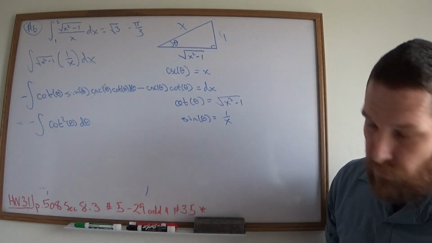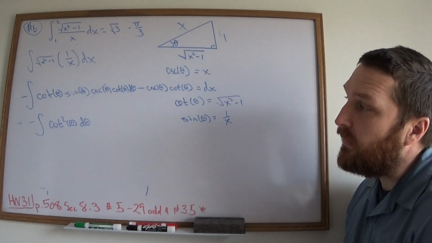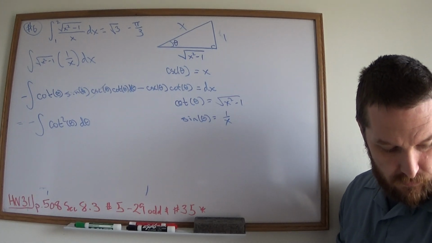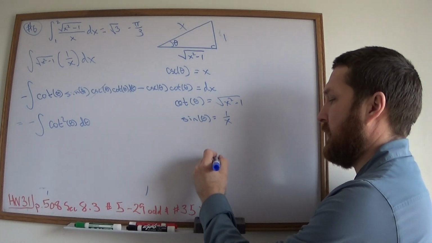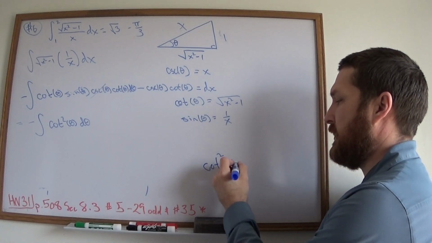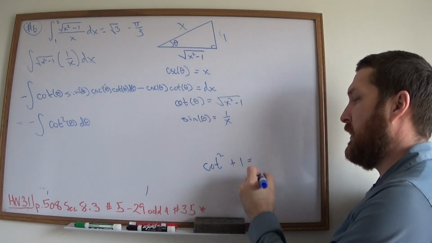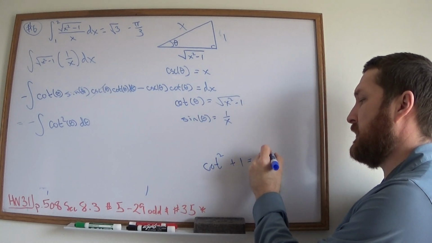And we could do the same thing, right? The way I chose to do this was cotan squared plus 1 is cosecant squared.